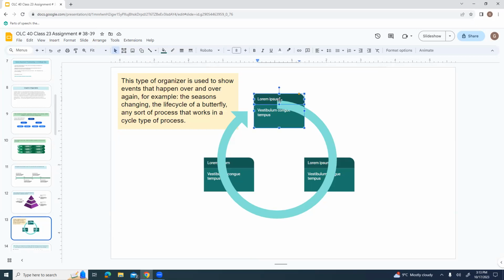If I pulled this off of the little diagrams that you can insert, I could put whatever I wanted here, right? So I could put spring, and then explain spring, or I could explain the larvae of the butterfly, whatever. It's just a place for me to enter text.